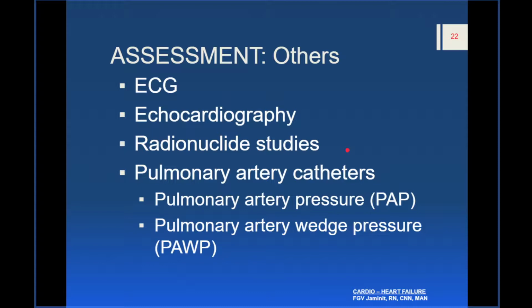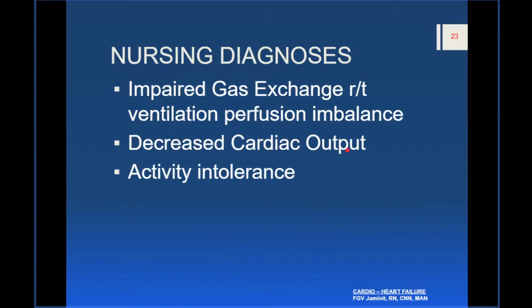These two can measure the pressure at the pulmonary artery. Because remember, we have pulmonary congestion, meaning there is increase in the fluid in the lungs, specifically in the pulmonary artery as it passes through. That's why we can do PAP or pulmonary artery pressure assessment and PAWP or pulmonary artery wedge pressure.